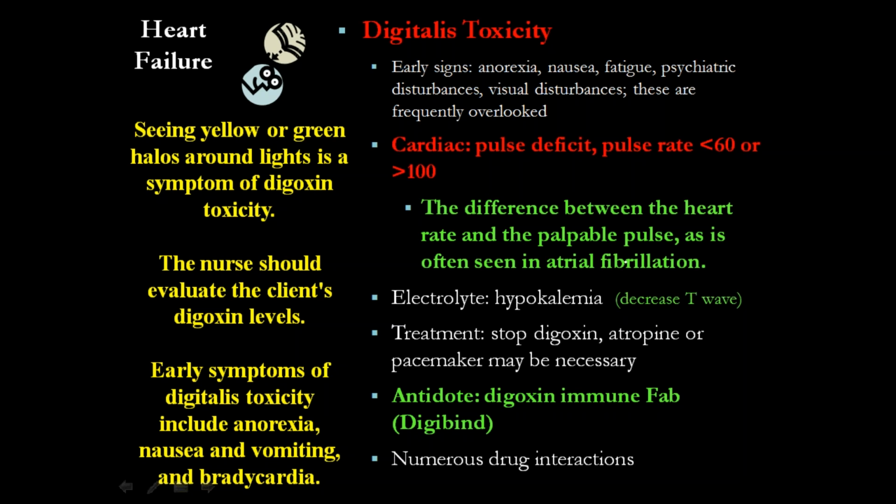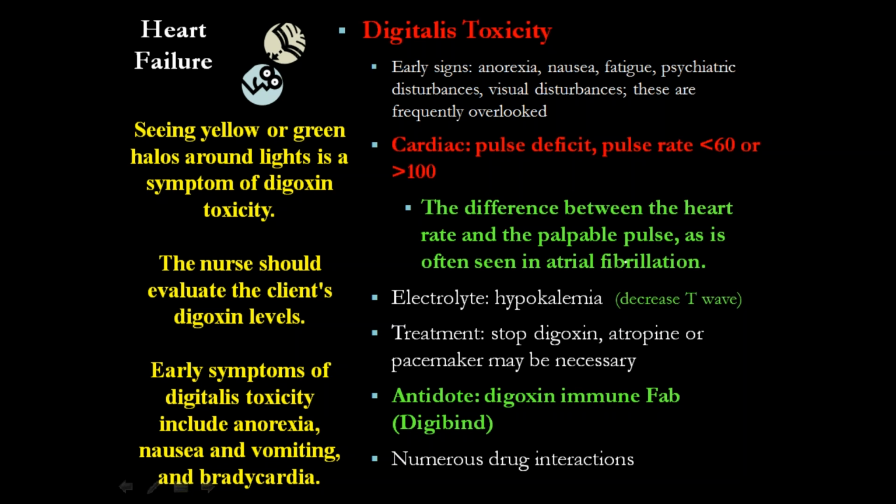The heart rate is never going to be less than the radial pulse; the beats of the heart are always going to be higher. But if there is a difference, a deficit of more than 20 or 30, that means that probably you have atrial fibrillation. That is the way that we diagnose atrial fibrillation.